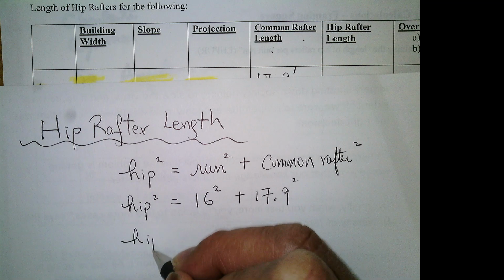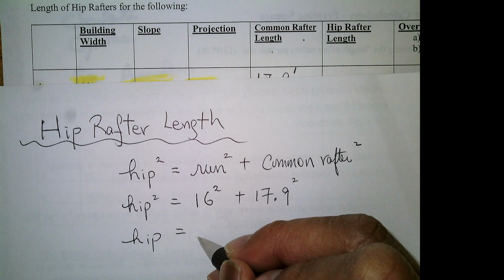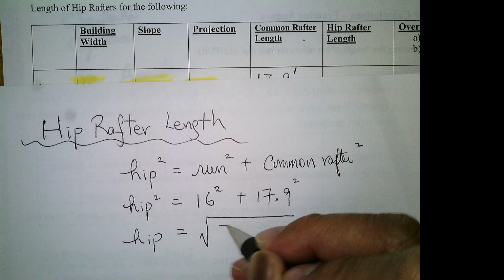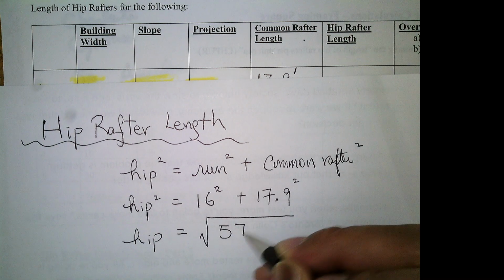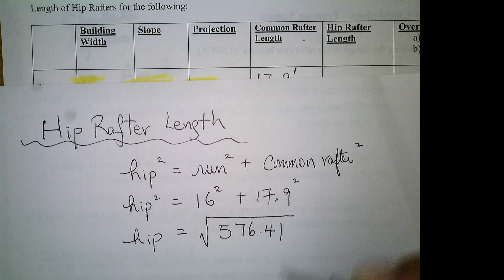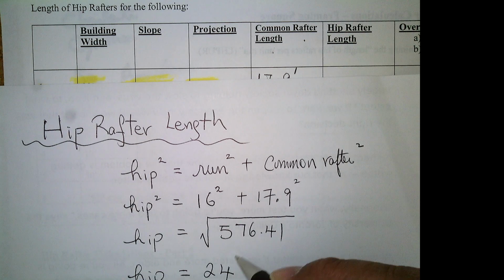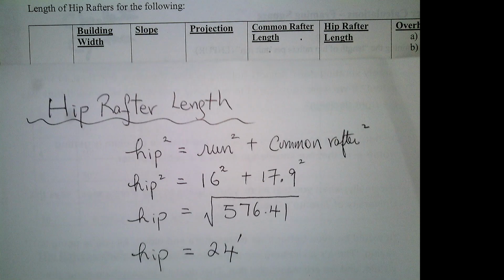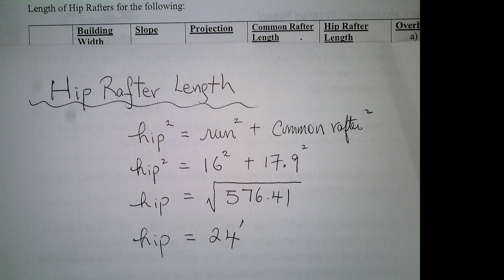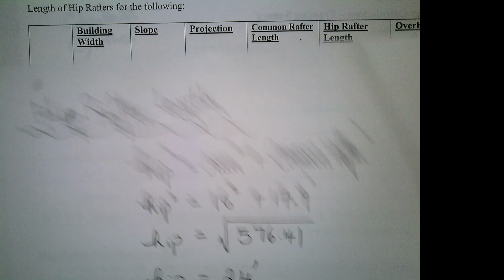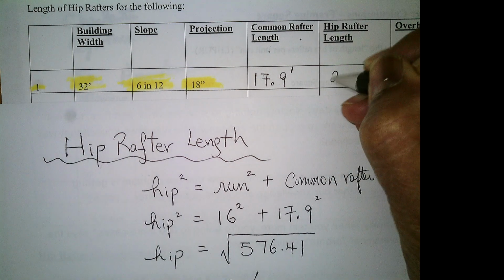So the hip is the square root of 576.41, which is about 24 feet. So this is being calculated as 24 feet.